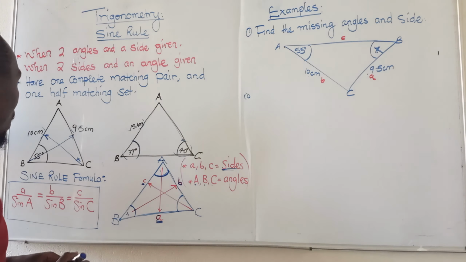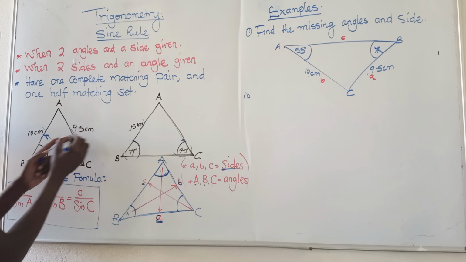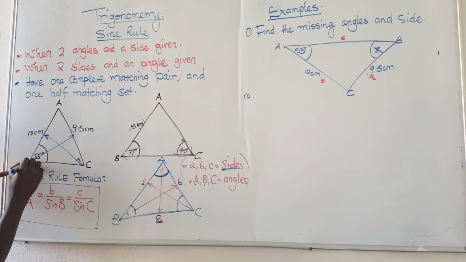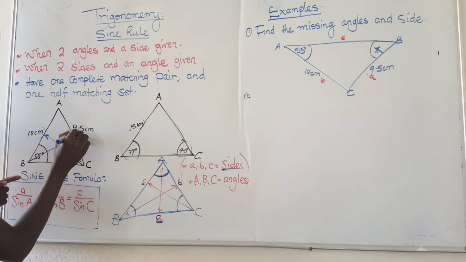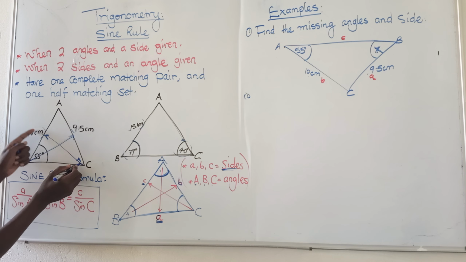For example, for angle B we are given 55 here, and side B. So this is a complete matching pair. Angle B and side B are given. See here, we are just given the side, but the angle we are not given, so this one is not complete.